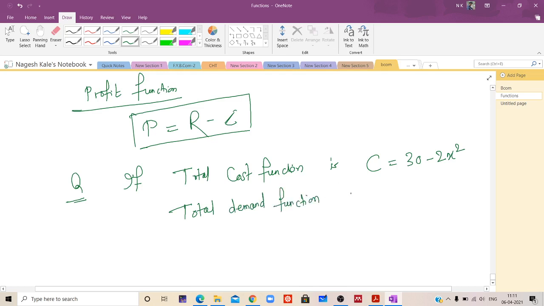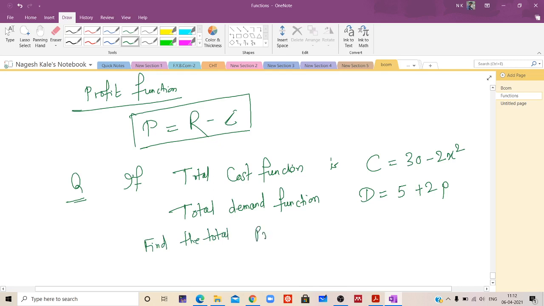Total demand function, I can say D is equal to 5 minus 2p, okay, demand D is equal to 5 minus 2p, or we can take 5 plus 2p instead, total demand function.